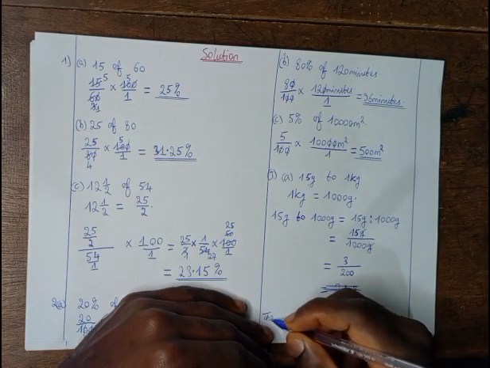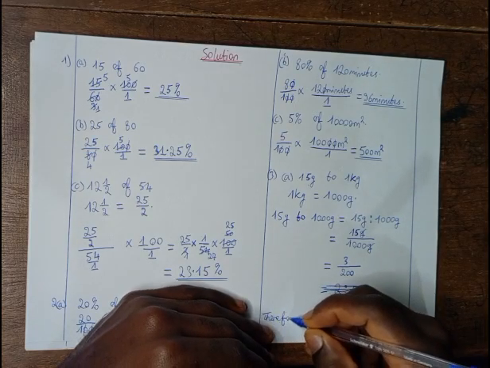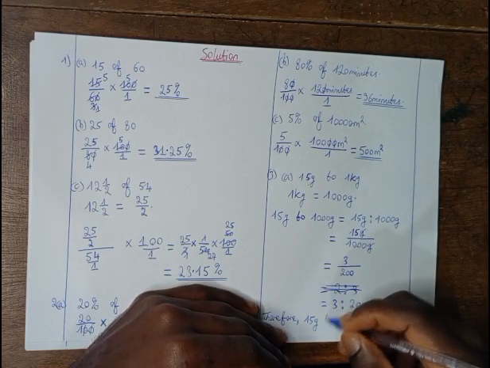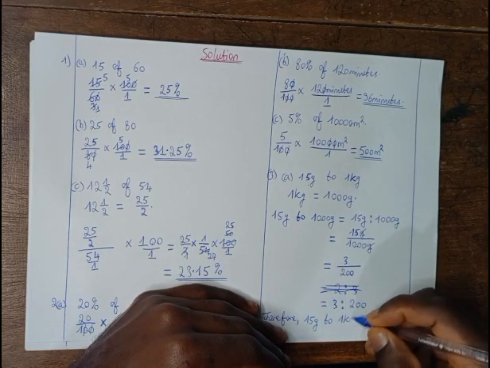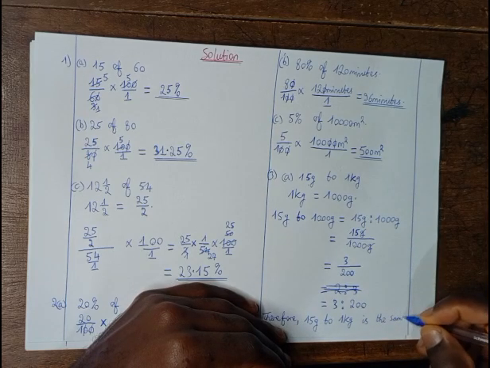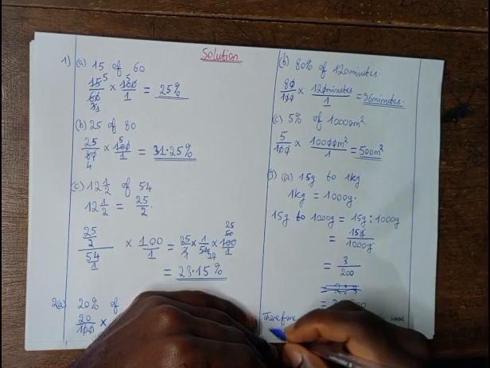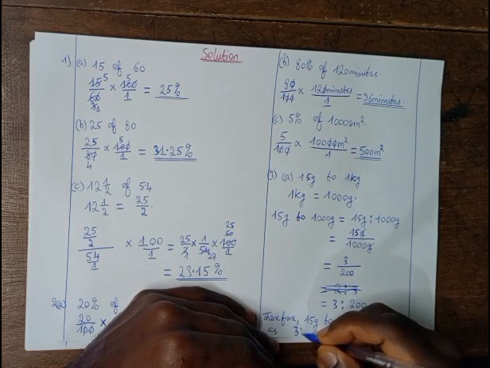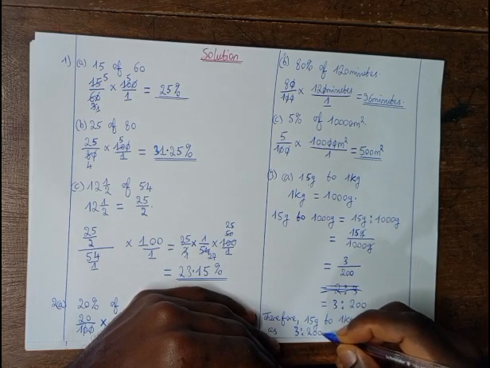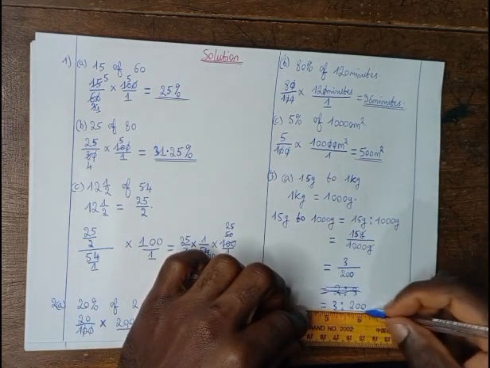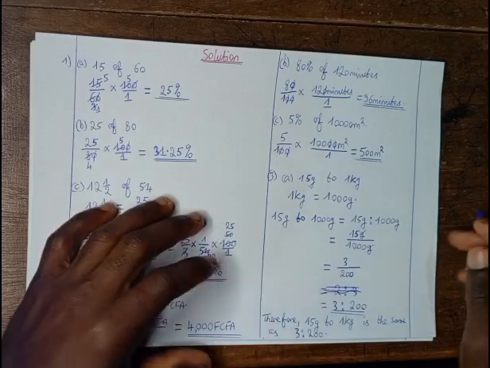Then we conclude, therefore, 15 grams to 1 kilogram is the same as 3 is to 200. We are done. This is that ratio in the simplest form.